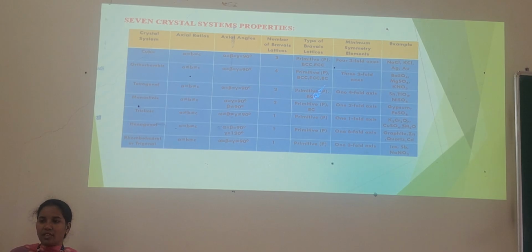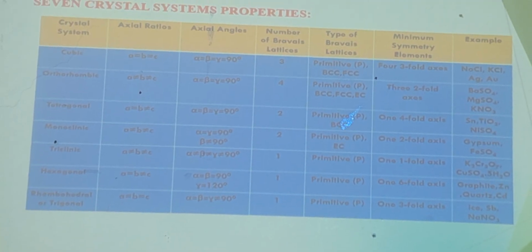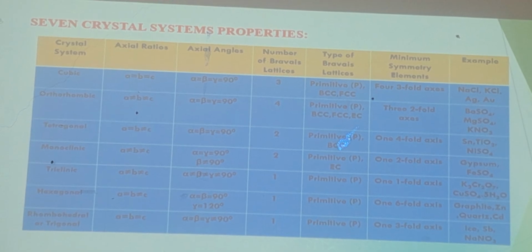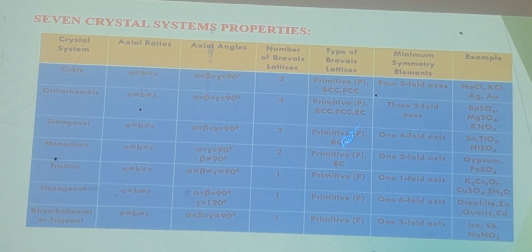For the tetragonal it is having axial ratios, axial angles, number of Bravais lattices is 2, types of Bravais lattices are primitive and BCC, and examples are SnO2, TiO2 and NiSO4. For the monoclinic it is having 2 types of Bravais lattices, and examples are gypsum, FeSO4. And for the triclinic it is having only 1 Bravais lattice, that is primitive.